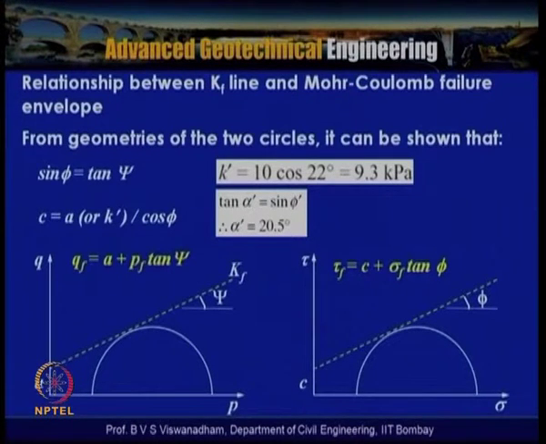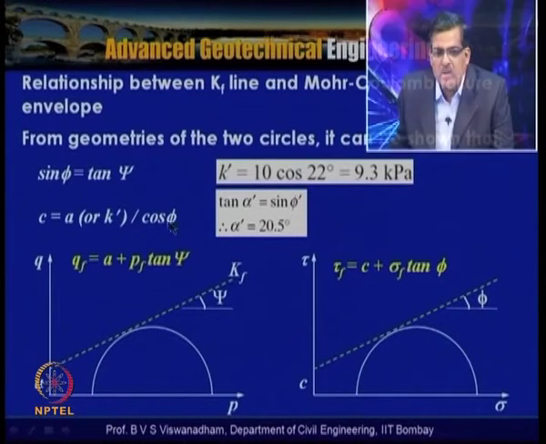When we have Q and P, and when we have tau and sigma, comparing the geometry of the two circles, we have derived that sin phi dash is equal to tan psi, which is equal to tan alpha dash, and where C is the ordinate, A or K dash by cos phi dash. So by comparison from the two circles, we can get K dash from this equation.